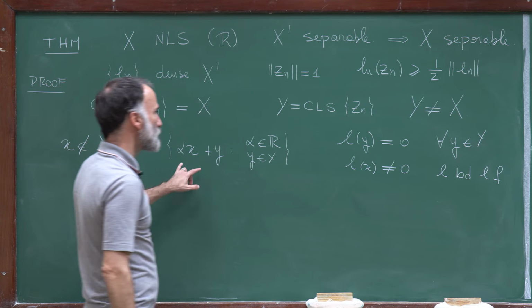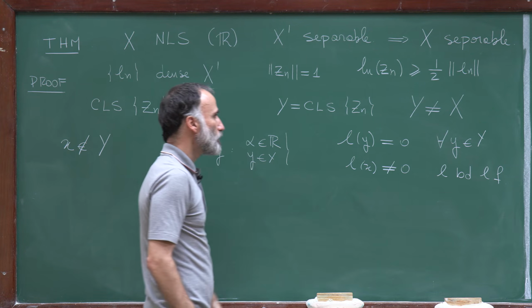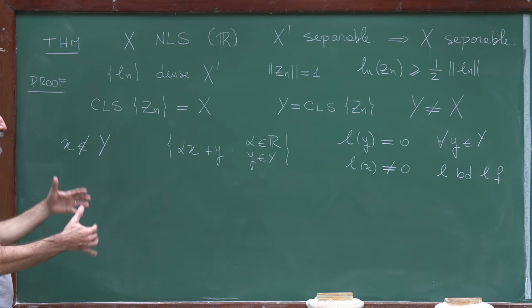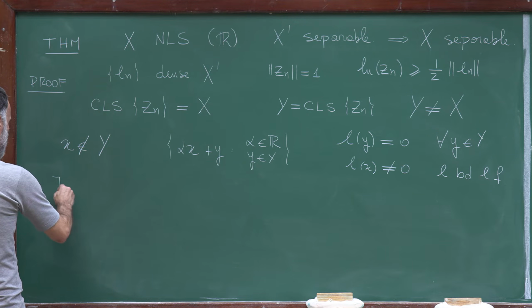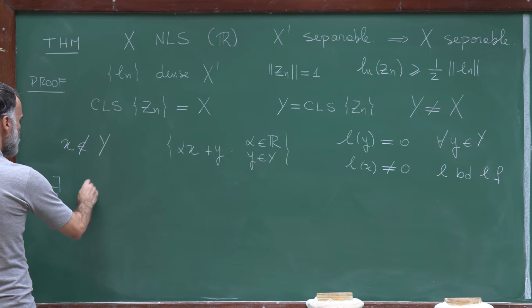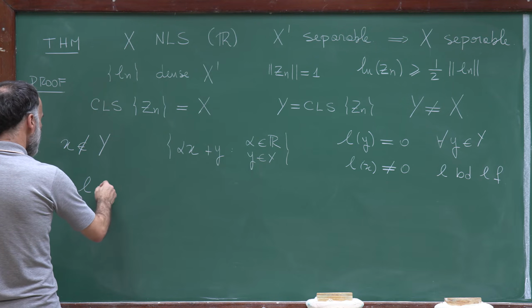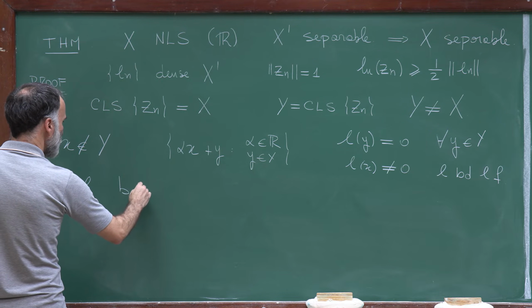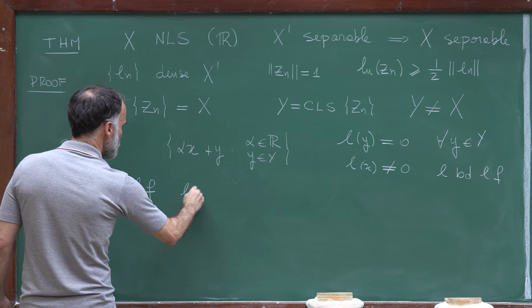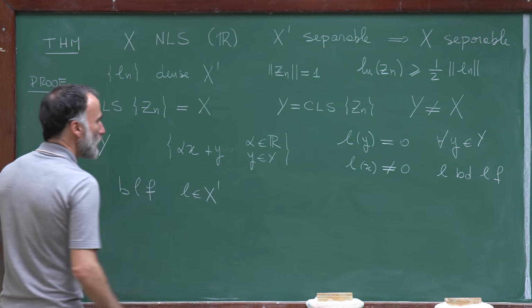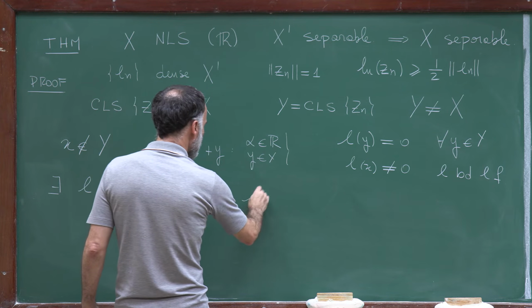So we start with this, and this is a bounded linear functional defined in this space. And now you use the Hahn-Banach theorem to extend this bounded linear functional to the whole space, and what you get at the end is that there exists a bounded linear functional, so let me represent it by L again, an element of X prime, such that L of y is equal to 0 for all y.